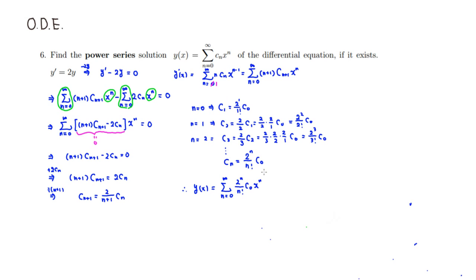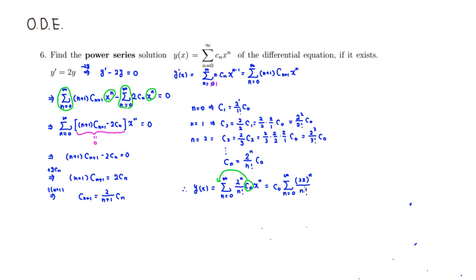I'm going to pull this C0 out, since it's just a number, and place it in front. So we get C0 times the summation, n goes from 0 to infinity. I'm going to combine 2 to the n and x to the n, and write it as 2x to the n over n factorial.